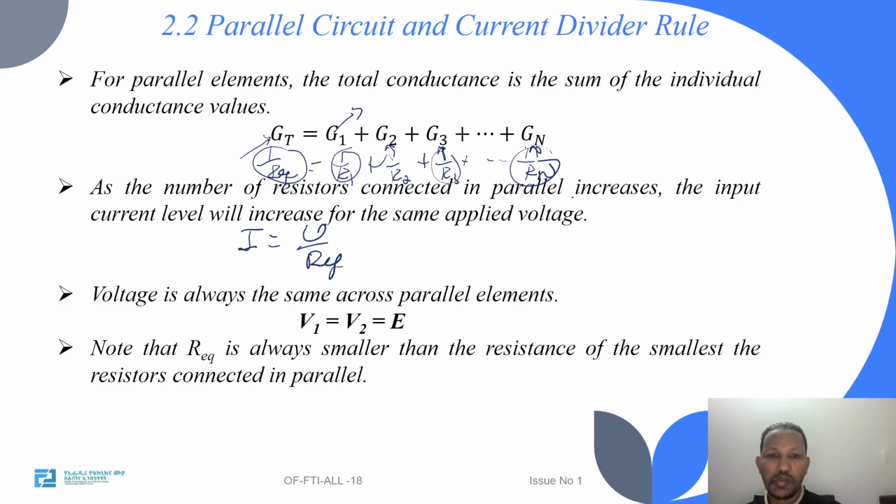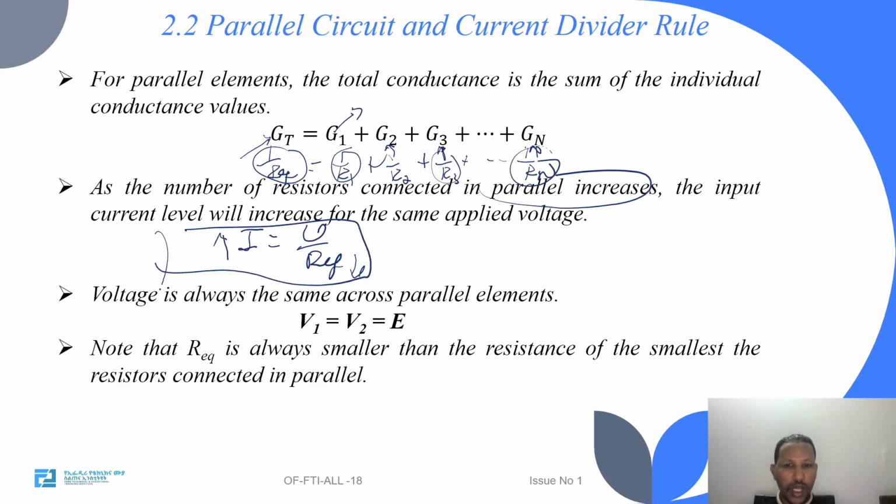If you increase the number of parallel connected resistors, R equivalent will be reduced, so the current will be increased. So voltage is always the same across parallel elements. This is very important. And R equivalent is always, as I have said before, smaller than the smallest resistance value connected in parallel.